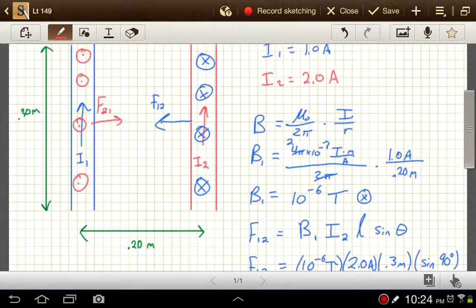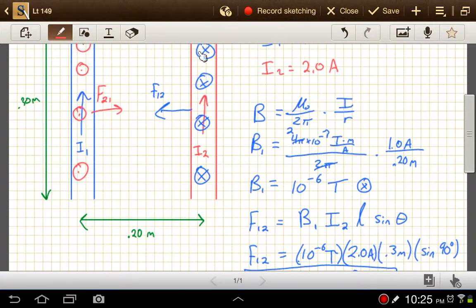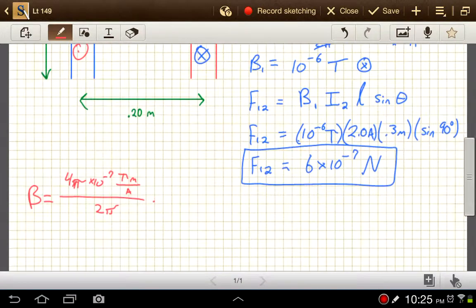So the magnetic field is mu naught, so that's 4 pi times 10 to the negative 7th Tesla meters per amp over 2 pi times the current, and it's the current from this wire, because that's the one creating the magnetic field, so that's 2.0 amps, divided by the distance, 0.20 meters.